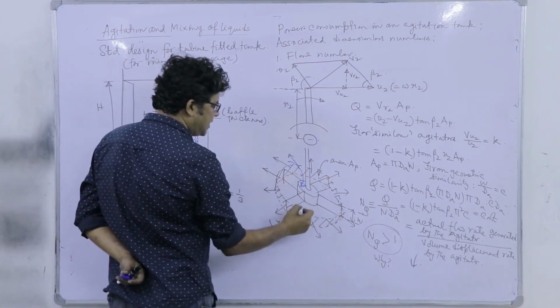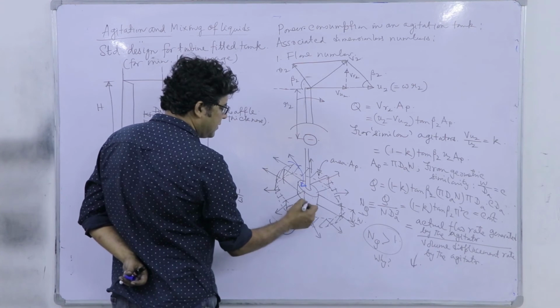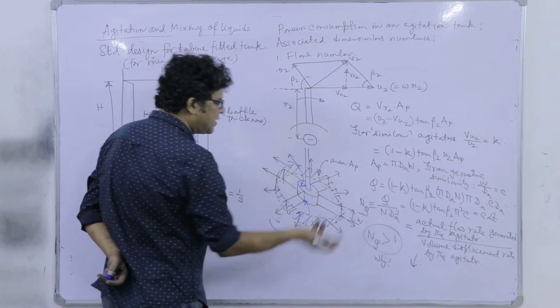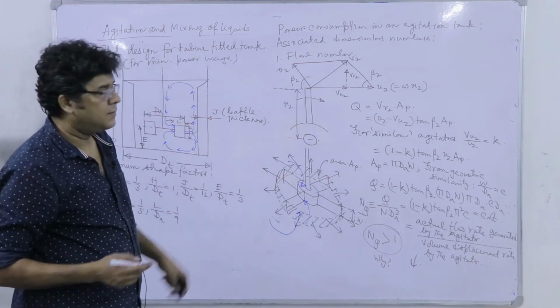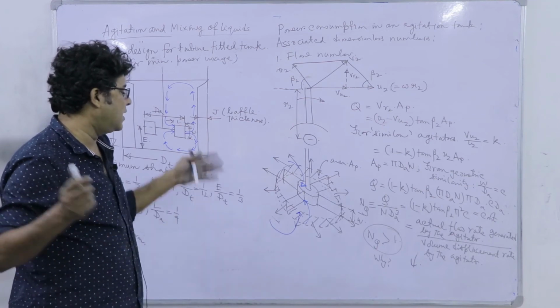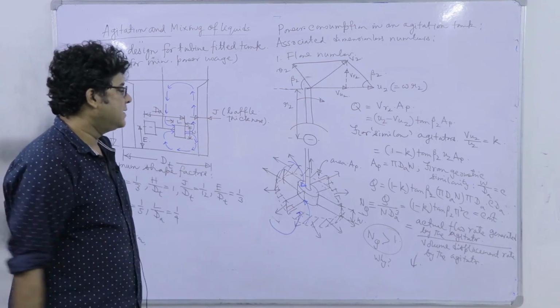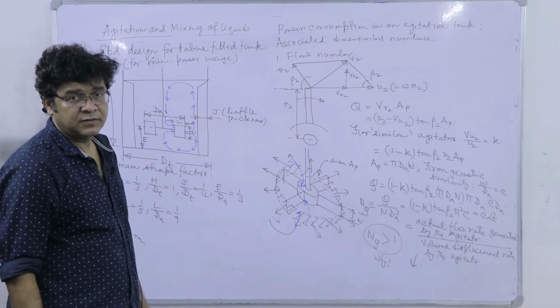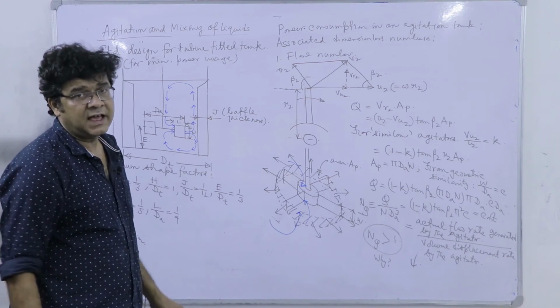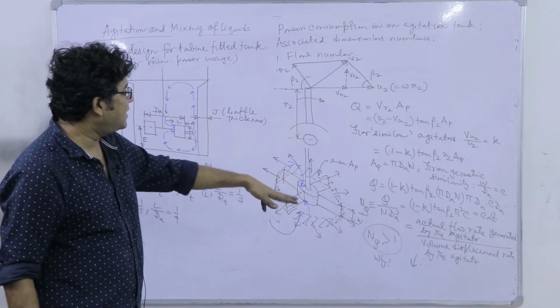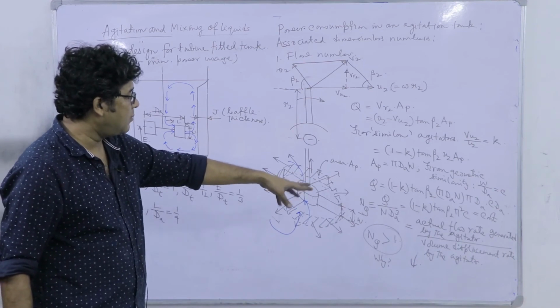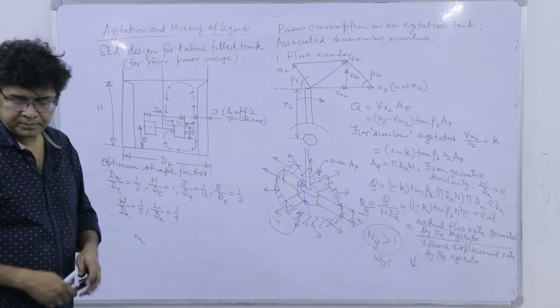So we have an inflow of liquid from the top and the bottom, and because of that this volume flow rate produced by the impeller is higher than its volume displacement rate. So because of that we have the flow number higher than unity.